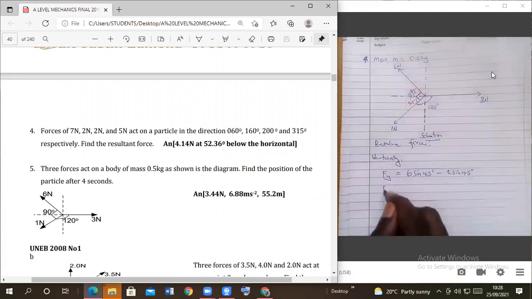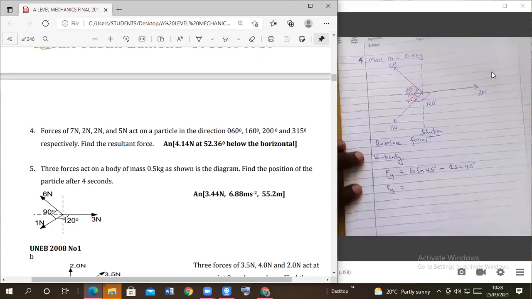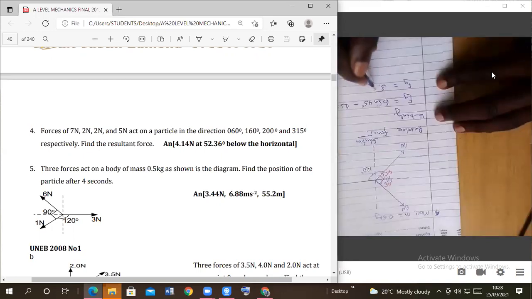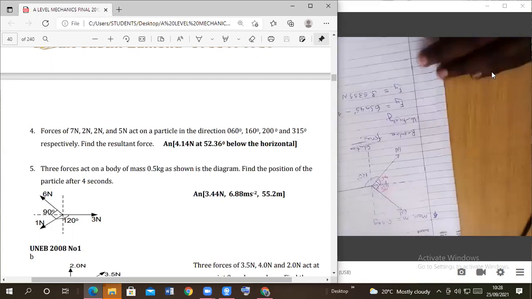Our Fy will be equal to 6 sine 45 minus 1 sine of 45. So what do you have? 3.5355 Newton.